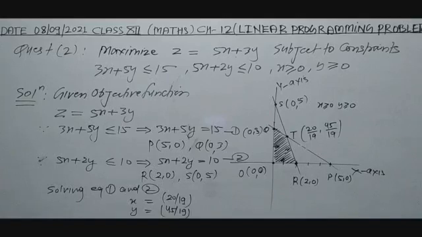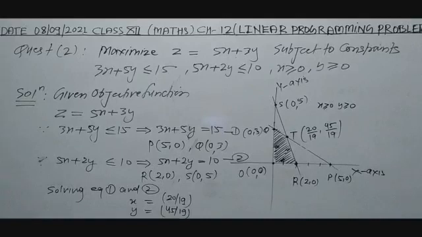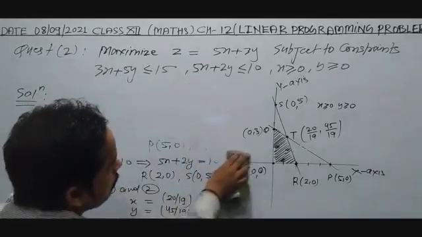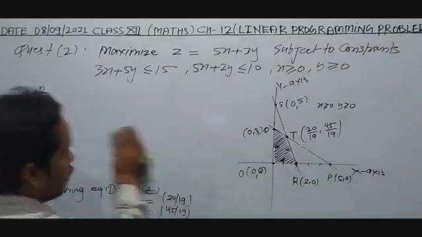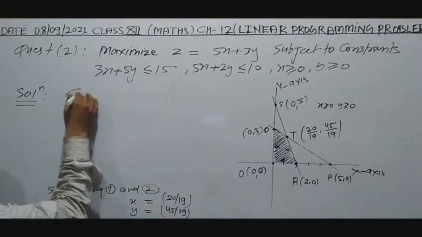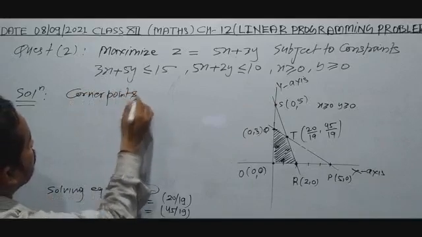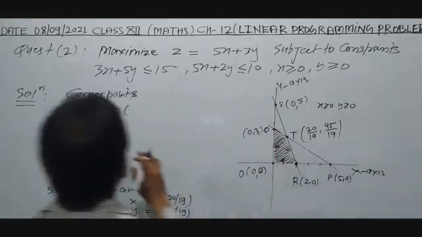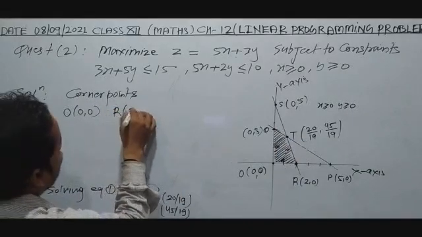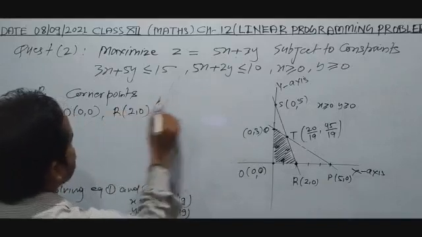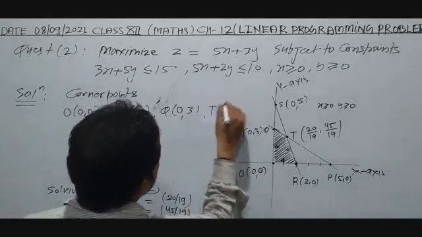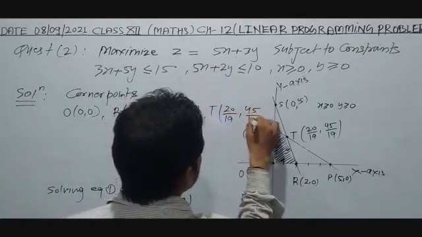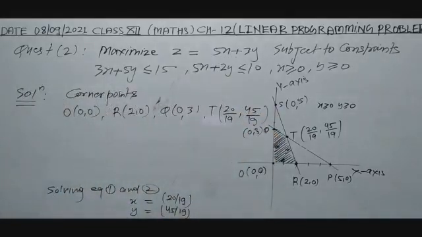The corner points are O (0, 0), R, Q and T. R coordinate is (2, 0), the Q coordinate is (0, 3) and T coordinate is (20/19, 45/19). So these are the corner points.